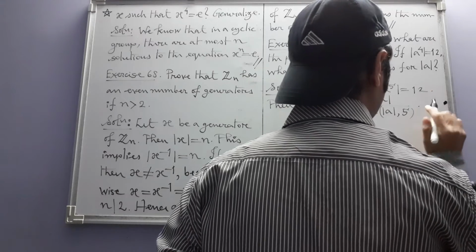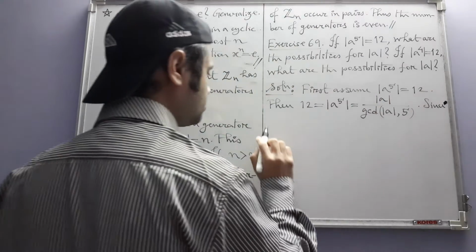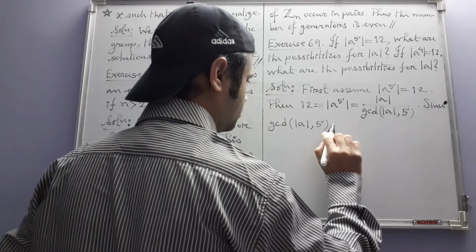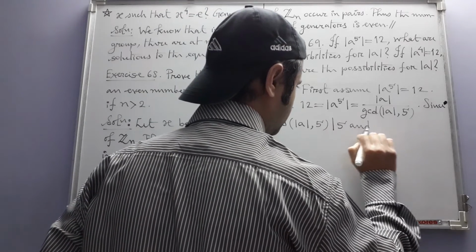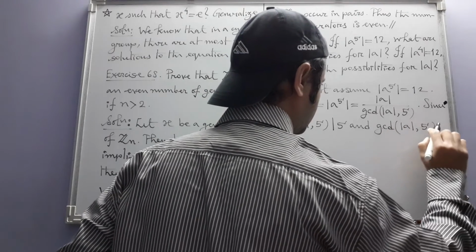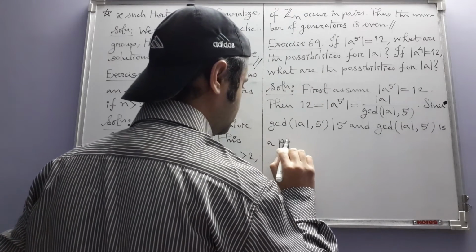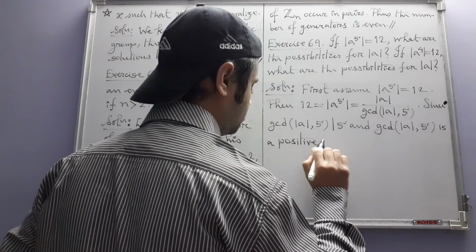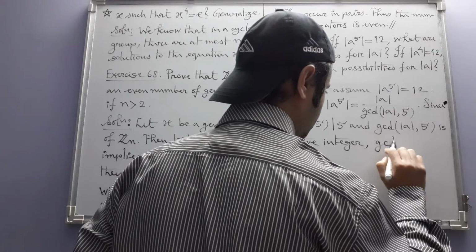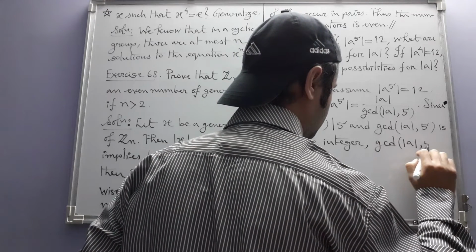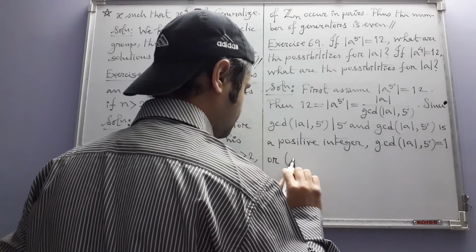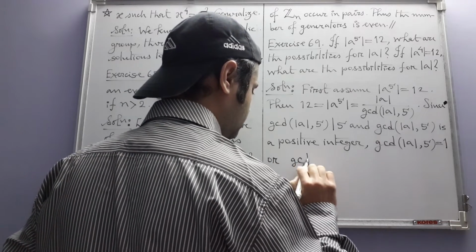Since this divides 5 and this is a positive integer, either this is equal to 1 or it is equal to 5.